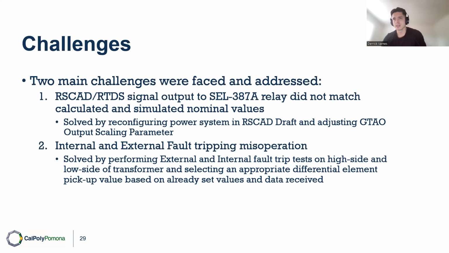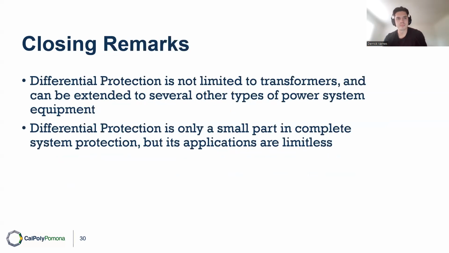We would look at the operating current as well as the restraint currents that were being monitored, measured through the terminal window in the AcSELerator QuickSet software provided by Schweitzer Engineering Laboratories. And we selected our differential element pickup values based off of those results. And after doing so, we ended up getting the correct operation very consistently. It 100% worked after we made those adjustments.